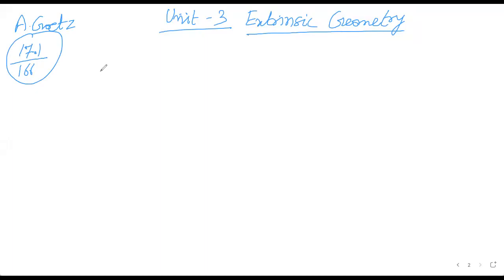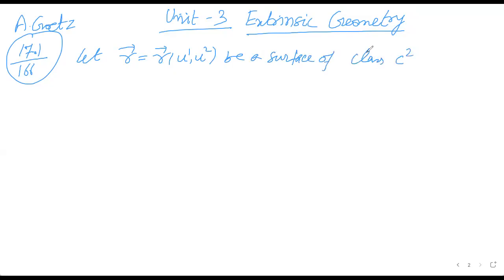So we have already done the normal of the surface. Suppose I am denoting R(u1, u2) as a surface of class C2, a surface whose second order partial derivatives exist and are continuous. It is called class C2.